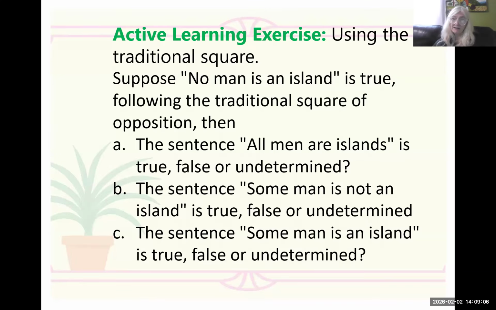If we have "no man is an island" is true, okay, and this is an E sentence, then what is the value of our A sentence, "all men are islands"? Our O sentence, "some man is not an island." And finally, our I sentence, "some man is an island."